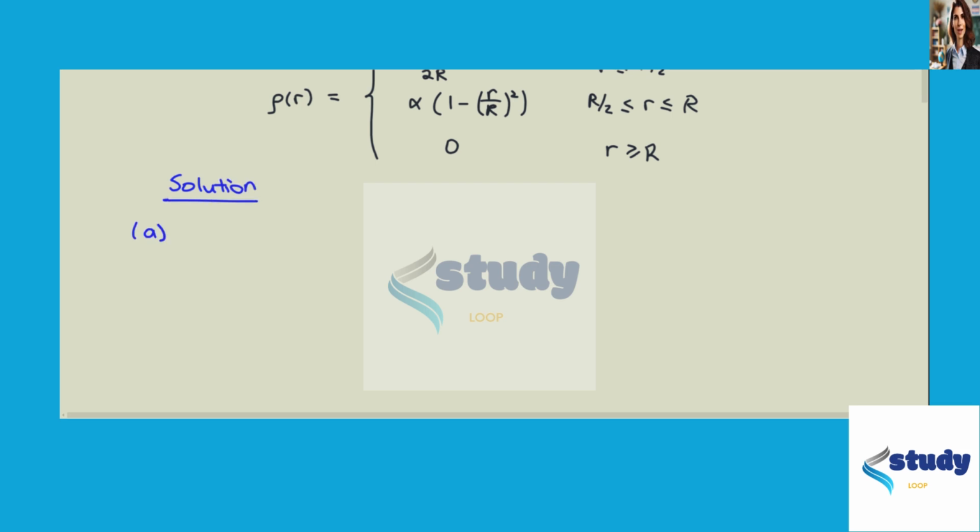Okay, so Q is equal to the integral of rho dV, and since we have two charge densities, we expect to integrate in two regions.